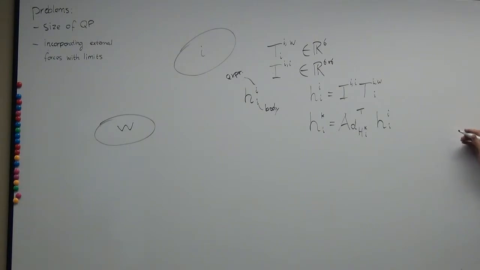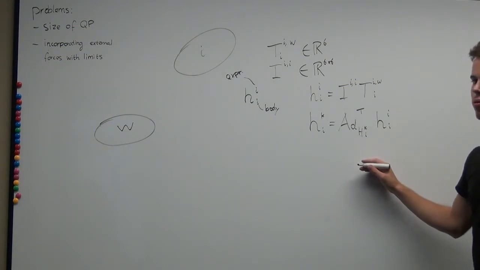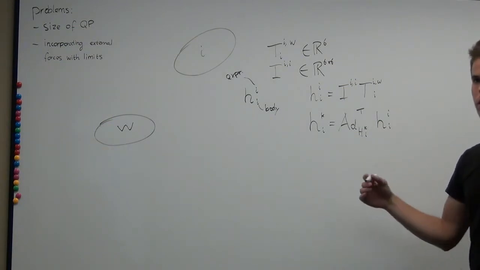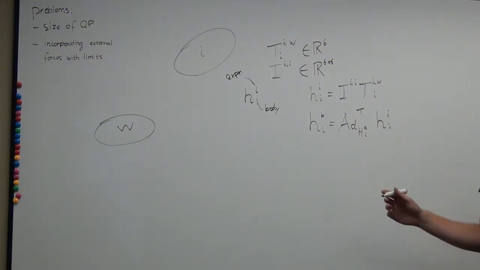Then, let's see. A very important property is that the rate of change of momentum, if it's expressed in world frame, so in an inertial frame, is equal to the wrench exerted on the body.